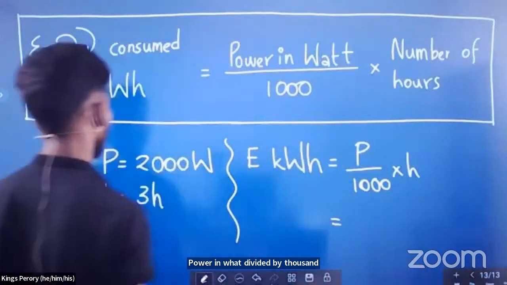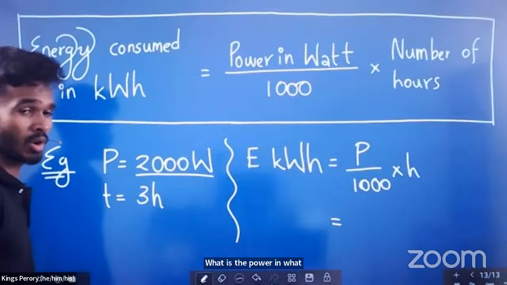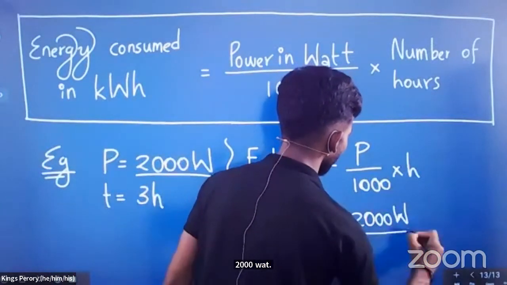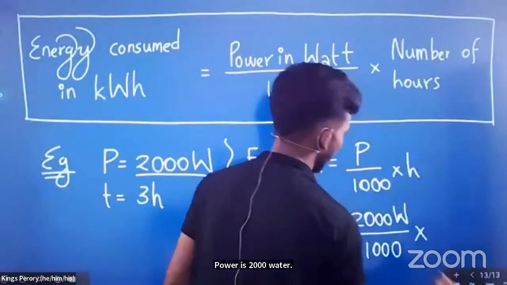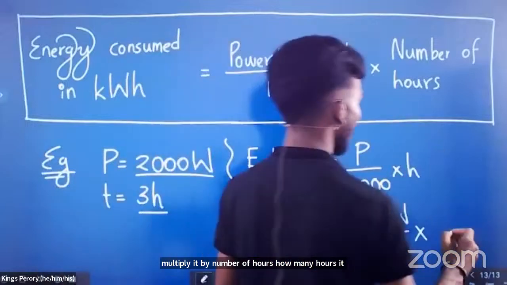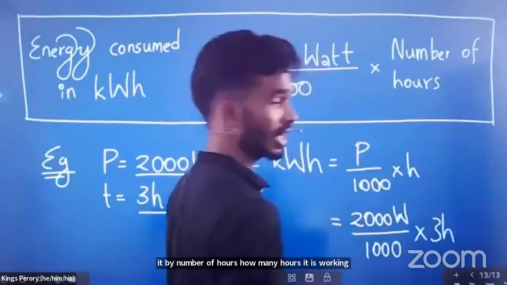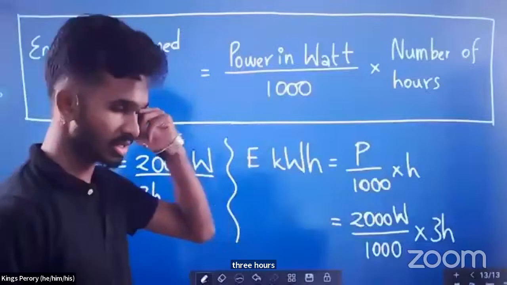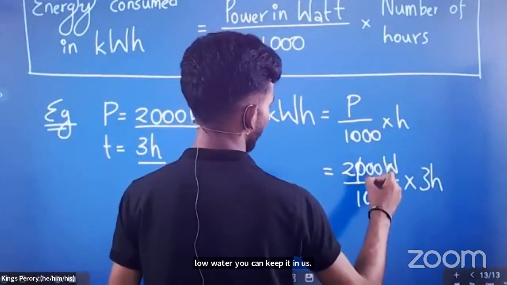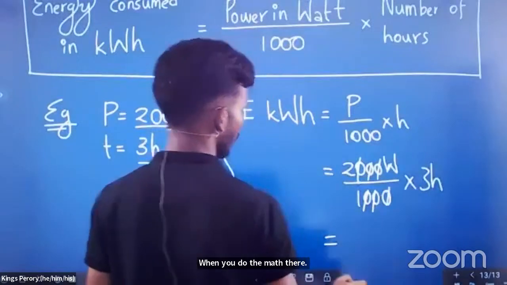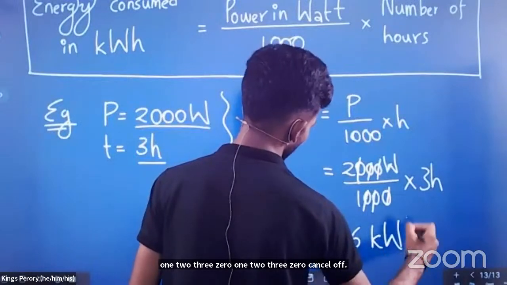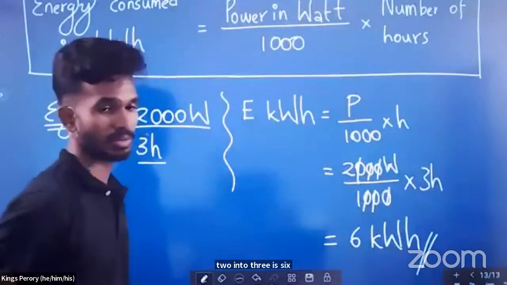Power is 2000 watt. You divide by 1000 multiplied by number of hours. 3 hours. Don't convert it into seconds. Kilowatt hour, you can keep it in hours. So when you do the math, the 1000 cancels off, 2 into 3 is 6 kilowatt hour. That's the energy in kilowatt hour.